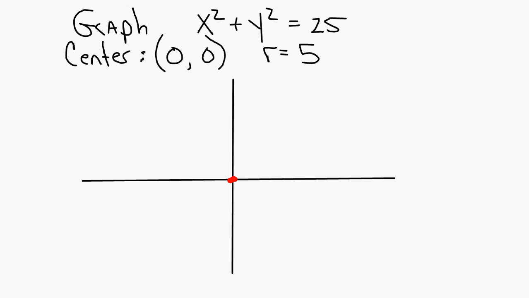At 5, right? So 5. Where's it going to hit the y-axis down here at the bottom? Negative 5, because the radius is 5. Where's it going to hit the x-axis out here on the right? 5. And where's it going to hit the x-axis out here on the left? Negative 5. Okay? So you got 4 points to start with, don't you?